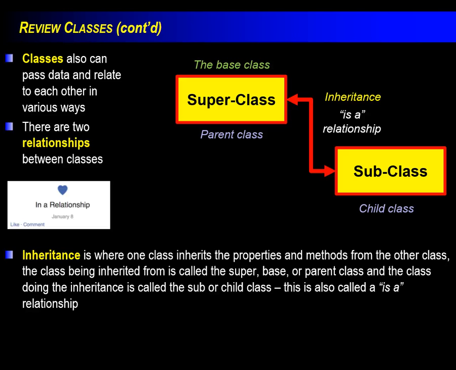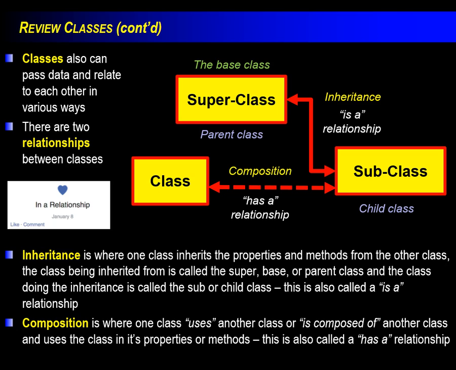So you may remember that last year we made a class called person, and then we made a class called student, and a student is a person, right? So that's the relationship known as inheritance, where one class, like in biology, inherits all the properties and methods from the other class. The class being inherited from is the superclass and the parent class. In C#, they call it the base class. The class doing the inheritance is called the subclass or the child class, and that's the is-a relationship.